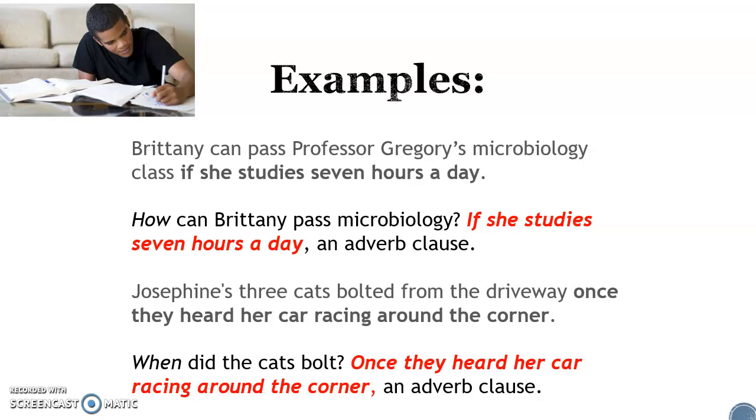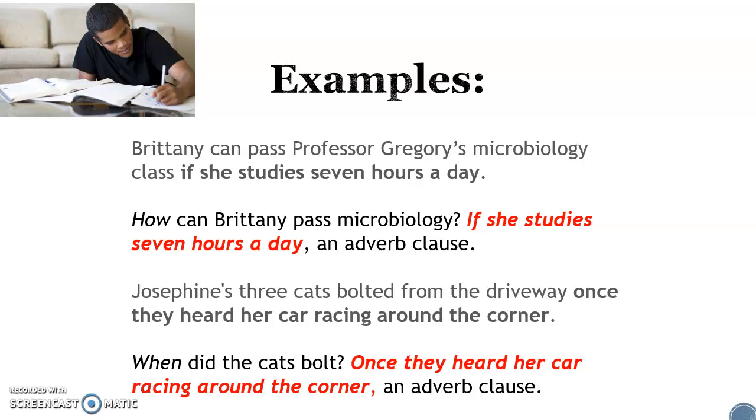Some more examples. Brittany can pass Professor Gregory's microbiology class if she studies 7 hours a day. How can Brittany pass microbiology? If she studies 7 hours a day is the adverb clause. Josephine's 3 cats bolted from the driveway once they heard her car racing around the corner. When did the cats bolt?